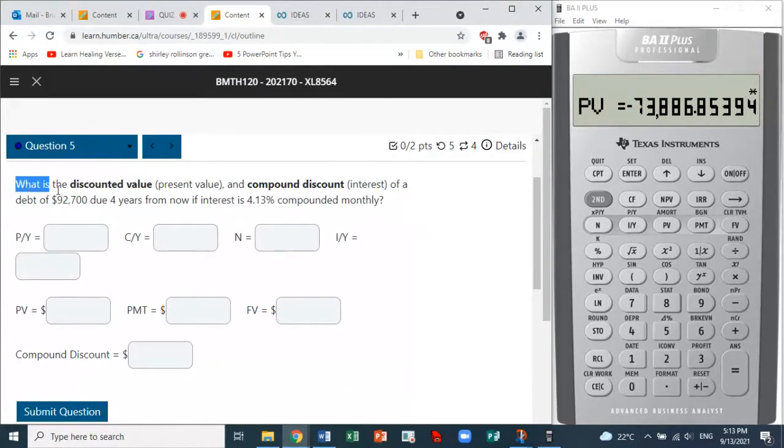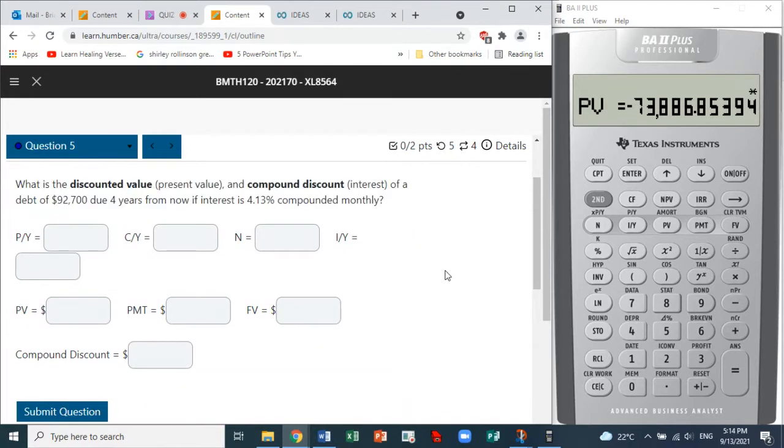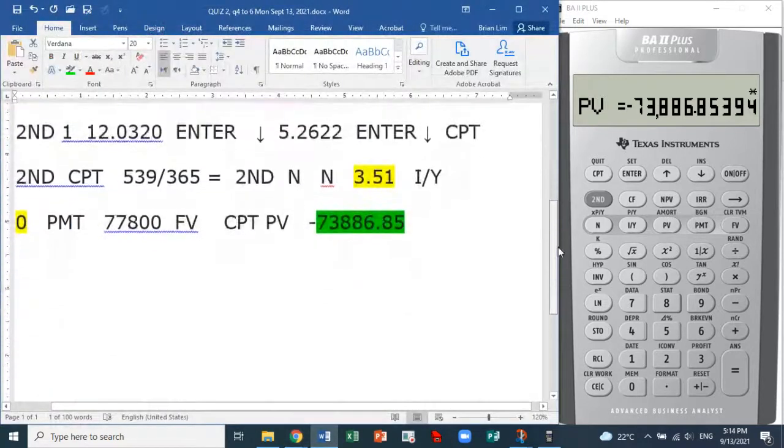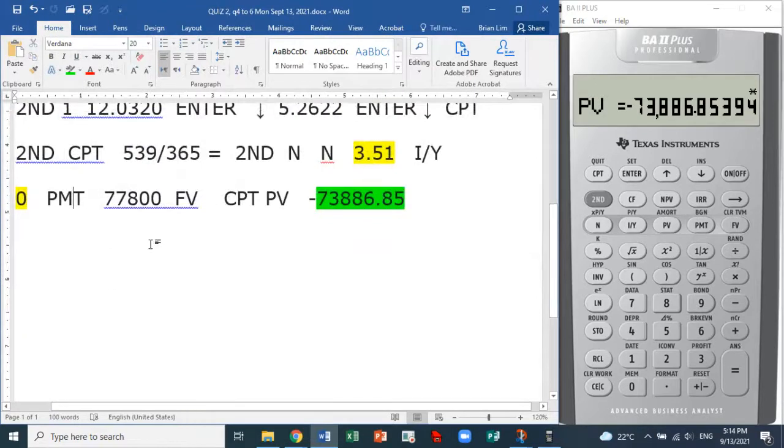All right, so let's highlight it, and then we will copy, and we can go to our Word document now, and we can paste it in there.